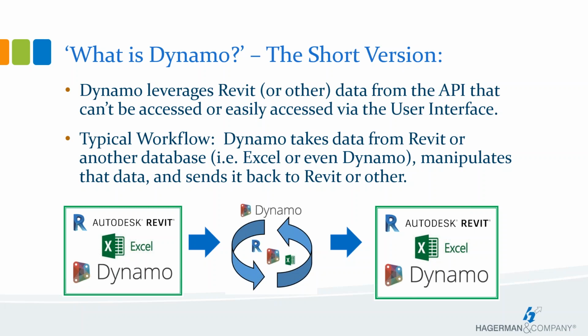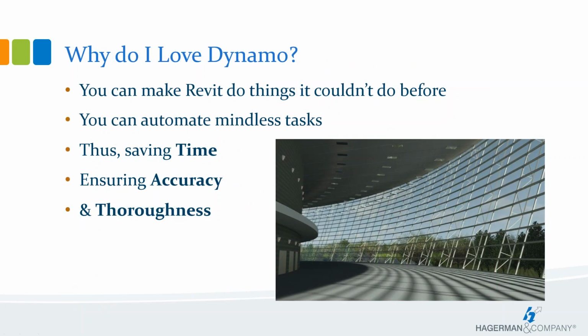In a typical workflow, Dynamo is going to take data from some sort of database like Revit, Excel, or even Dynamo itself, then manipulate that data in a meaningful way, and then push it back into Revit, Excel, or some other desired output. So that's what this little diagram down here is all about.